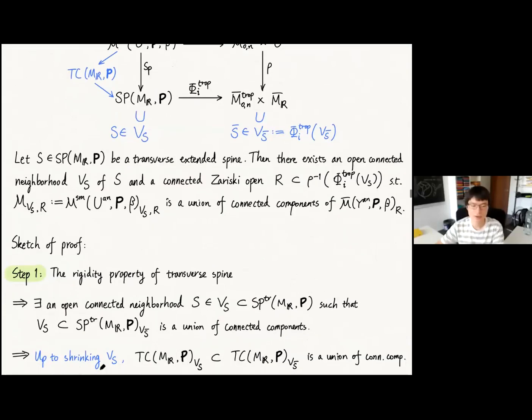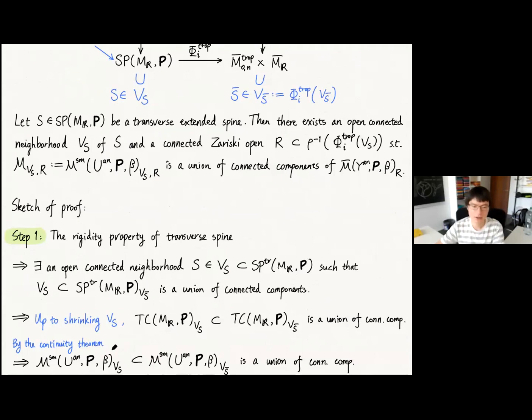Then, up to shrinking Vs, we have an analogous statement for tropical curves, but we can remove the transverse condition. So the space of tropical curves whose spine belongs to Vs is a union of connected components of the space of tropical curves whose ith marked point belongs to Vs bar.